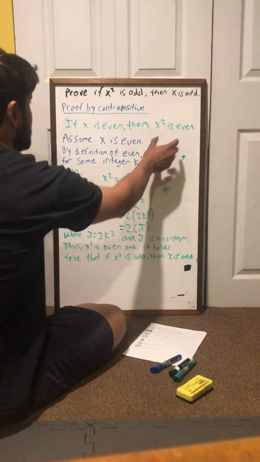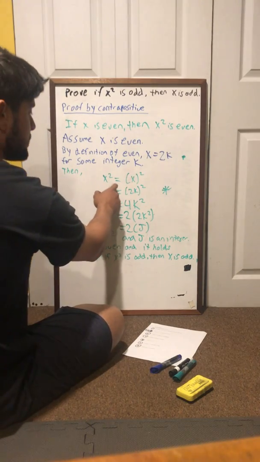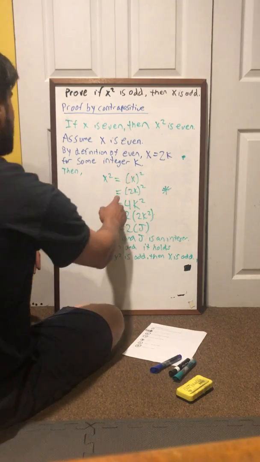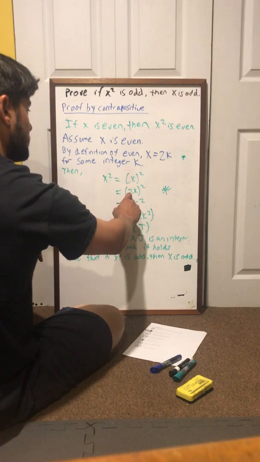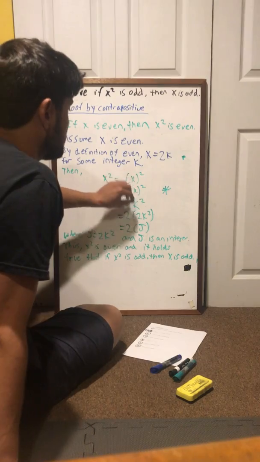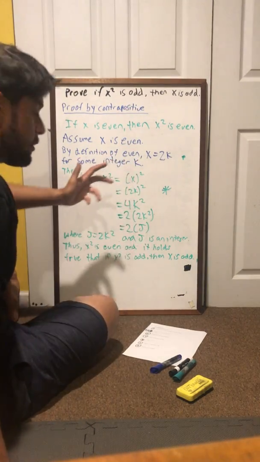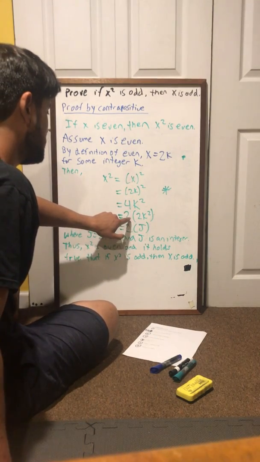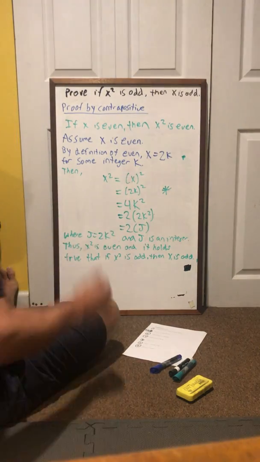So knowing that our goal is to show that x squared is even, we'll say that x squared equals (2k) squared, using substitution. Putting 2k to the power of 2, we're going to say equals 4k squared, and knowing that we can factor out a 2 to get the even, we're going to say equals 2 times 2k squared in the parentheses there.